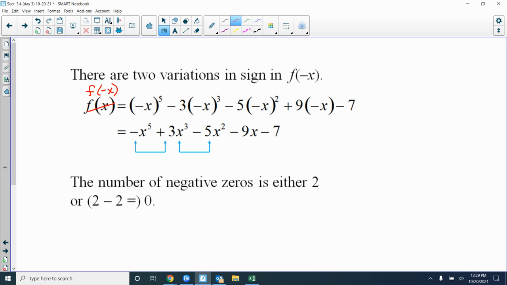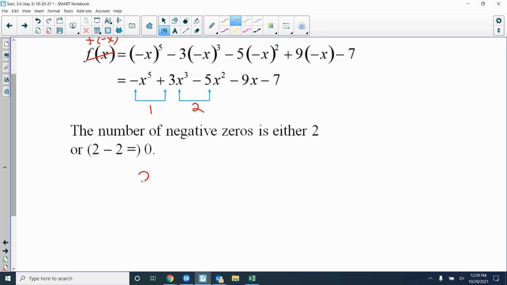So the negative x to the 5th becomes a negative. Negative 3, negative x to the cubed will become a plus. This will stay a minus. This goes to a negative. That's a negative. So I only have 1, 2. So the number of negative zeros is either 2 or 0. So you have 2 or 0 negative zeros.